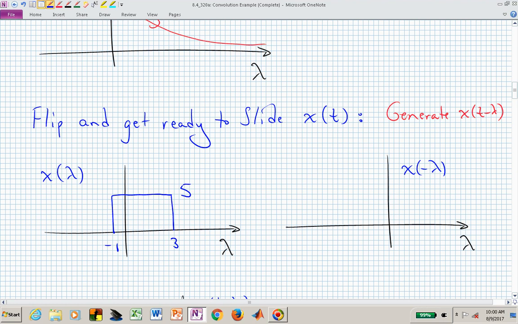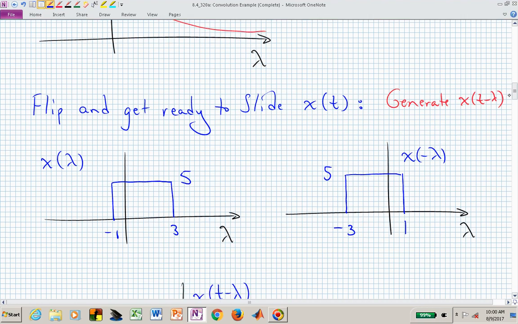So that now what was at minus 1 now comes over to 1, and what was at 3 now flips over to minus 3. And I haven't changed the vertical location or the functional form. It's now still a constant of 5. And that's now x of minus lambda. And remember, lambda is our variable of integration.